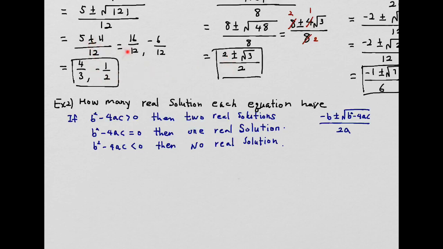Because you have a plus minus sign in front of the square root right here. If you end up getting a real number, a positive inside of the square root, then you're going to end up getting two solutions like this one, right? Plus minus, one with the positive, one with the negative. So two solutions.